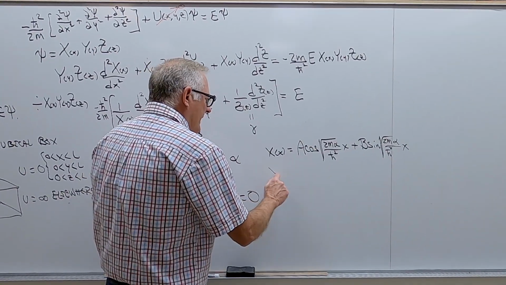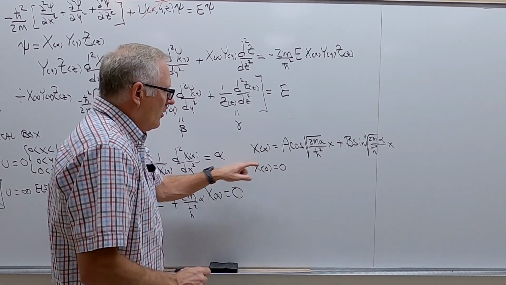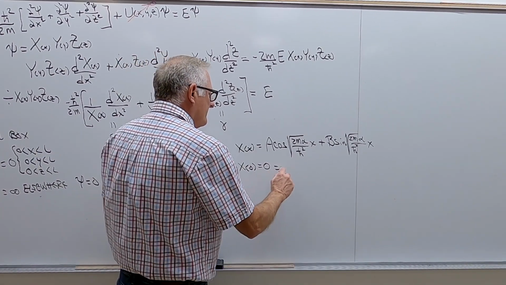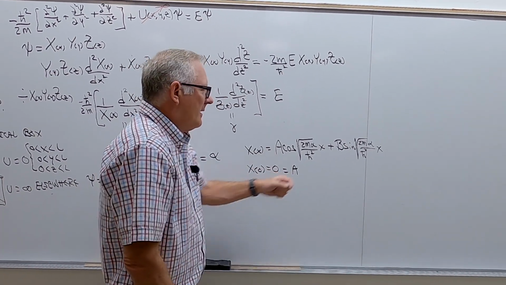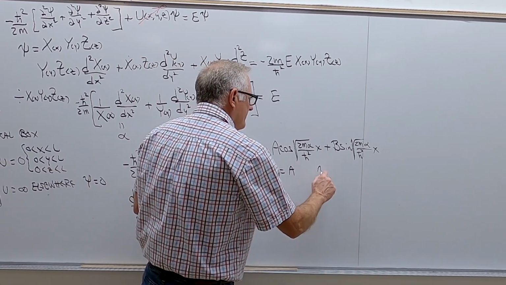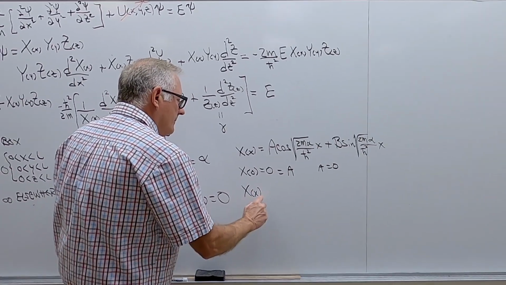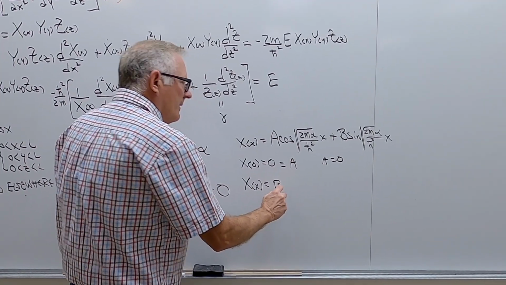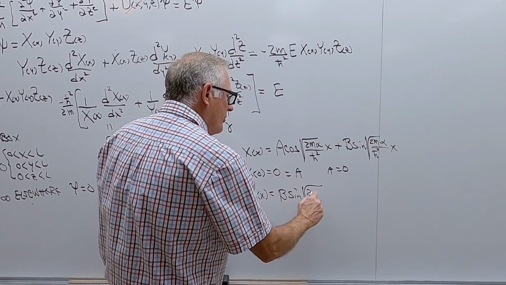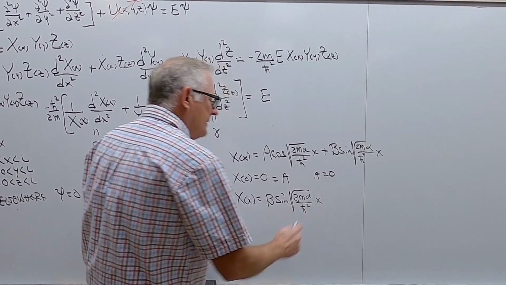So we can first say X sub 0 equals 0. Well, if we plug in 0, the cosine is 1, so you just get A. That is 0, so A equals 0. So that means my X sub x is just B sine square root 2m alpha all over h bar squared x.